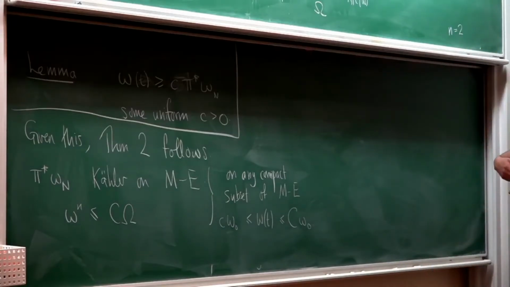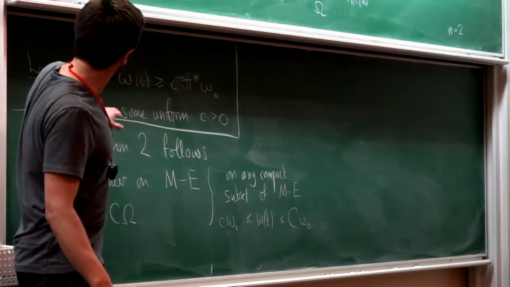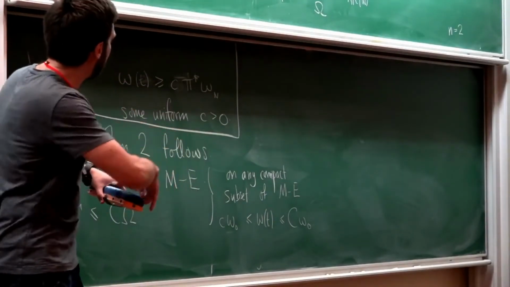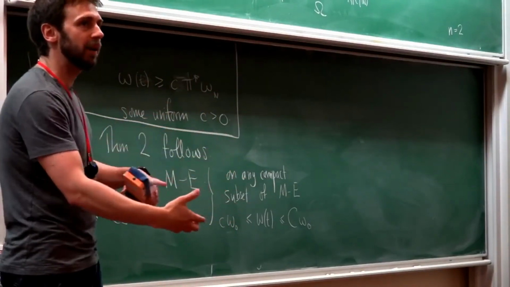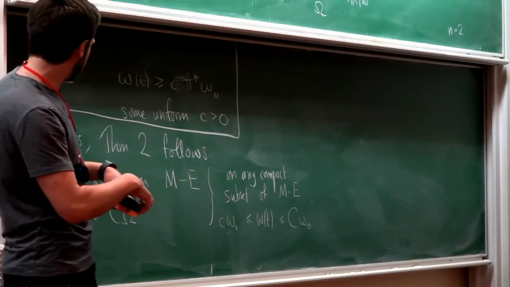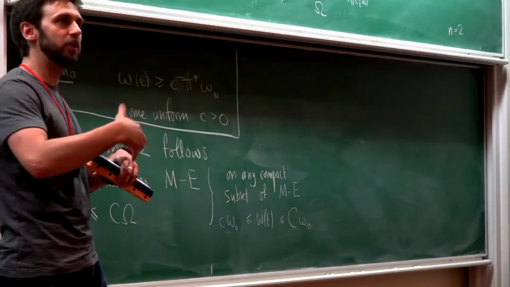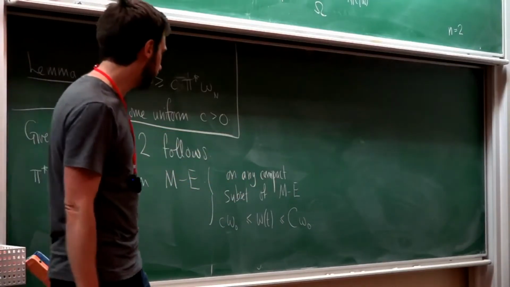Because once you have a lower bound of omega on that compact subset, the eigenvalues of omega must be bounded below by some uniform constant. But then the determinant is bounded above, so the product of the eigenvalues is bounded above, but each one is individually bounded below, and so that means all the eigenvalues have to be bounded.